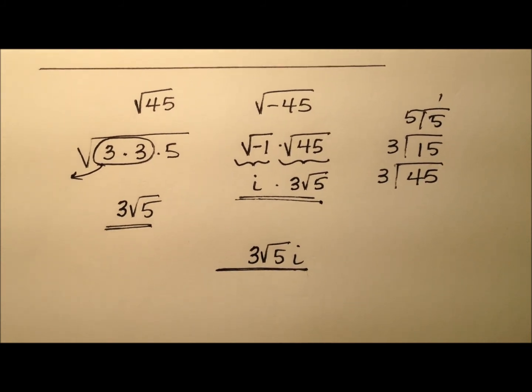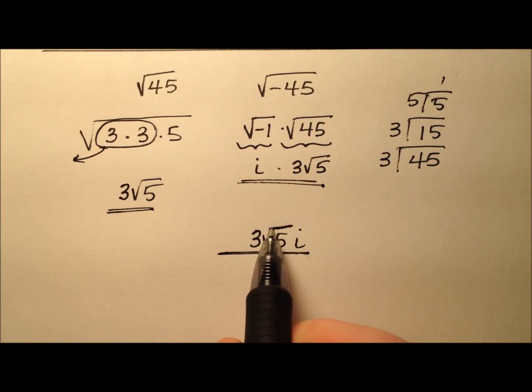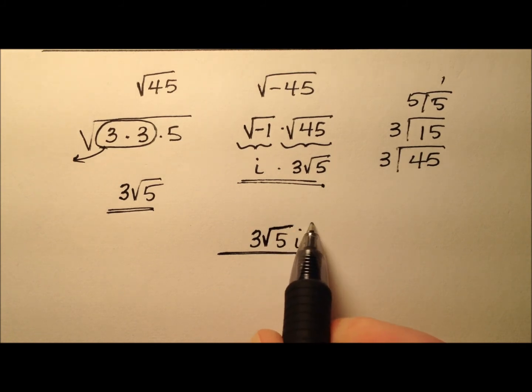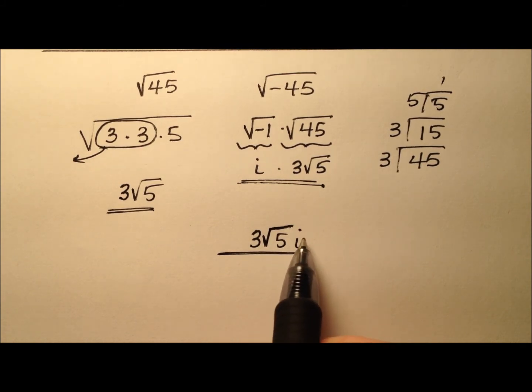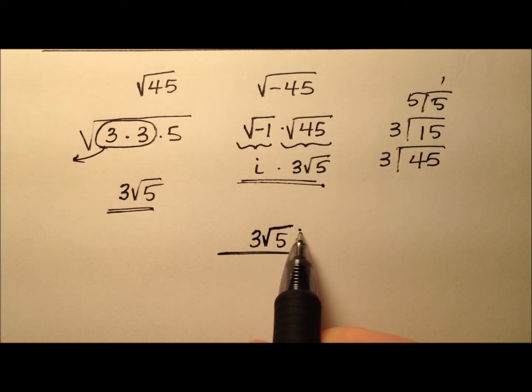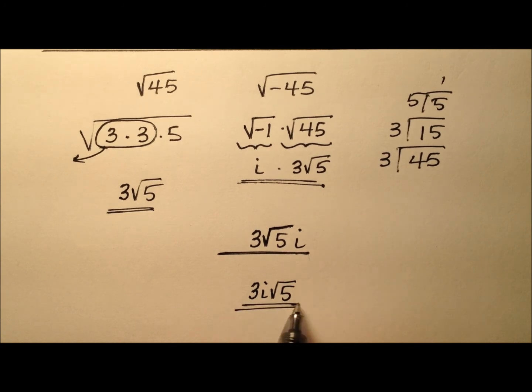But the problem a lot of students have is when they write it this way, they get a little sloppy or lazy with their radical here, and sometimes the radical extends past, and we're not sure if the i is under the radical or not under the radical. So another way to write this to take away the ambiguity is we'll write 3i times the square root of 5.